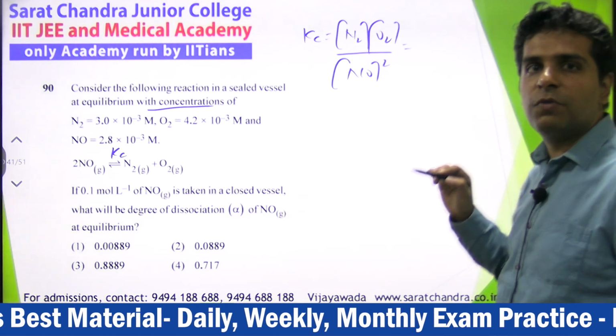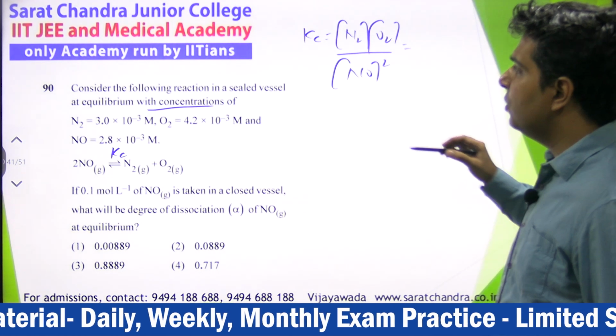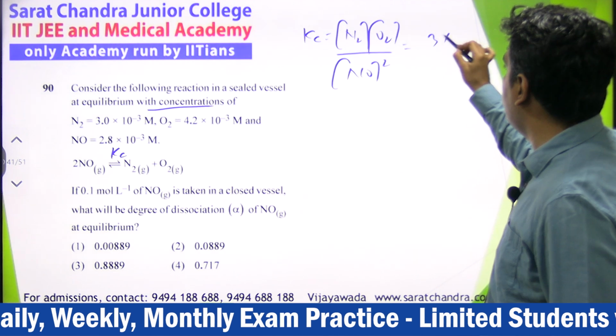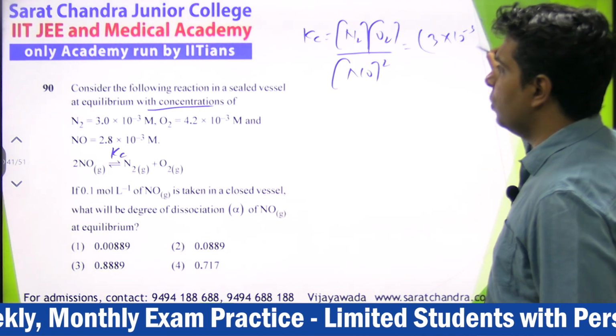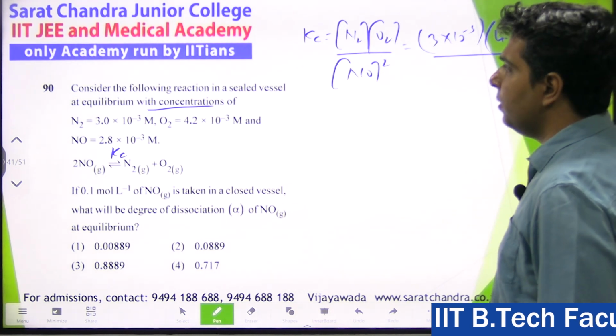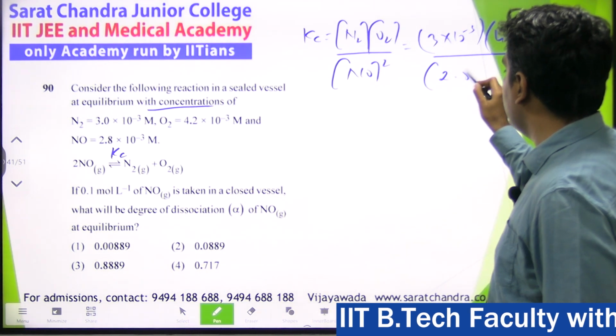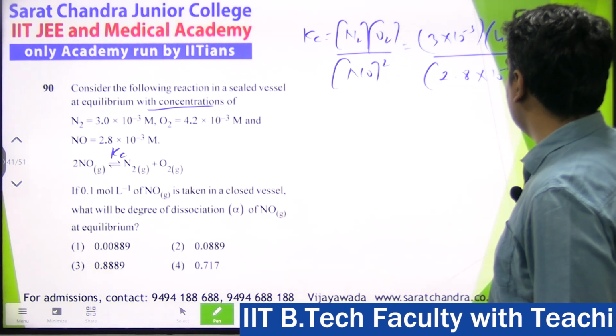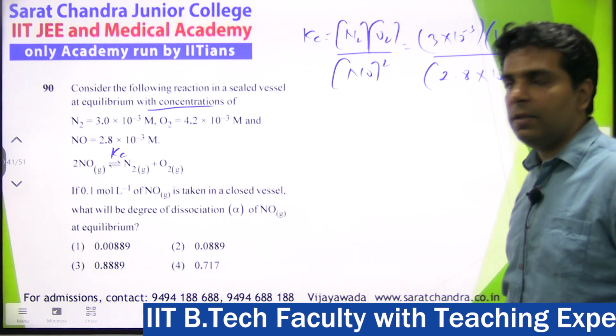From here we can first find out the Kc of this reaction. So N2 is 3 into 10 to the power minus 3, O2 is 4.2 into 10 to the power minus 3, upon 2.8 into 10 to the power minus 3 whole square. So this is the value of Kc.